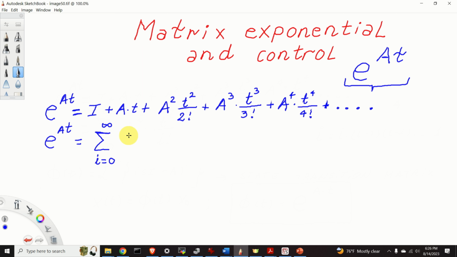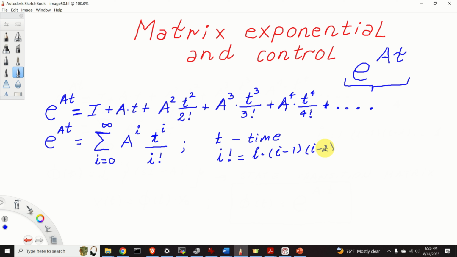It is A to the power i multiplying t to the power i divided by i factorial. Here, t is time. And if you forgot, i factorial is defined as i times i minus 1, i minus 2, until 1.